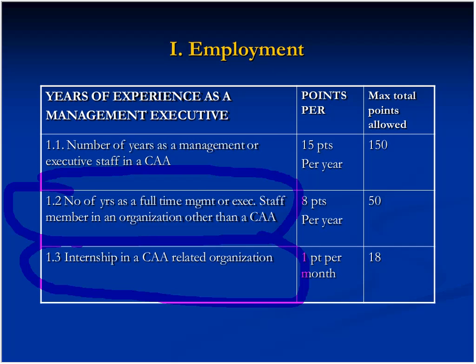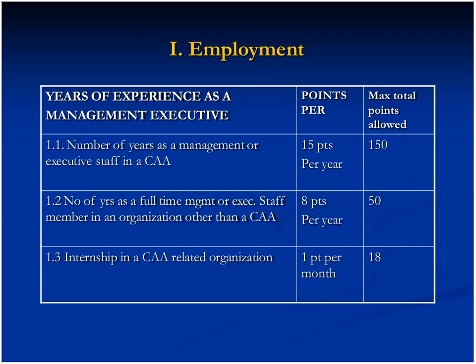Now, to point out, it's not necessarily just years of management executive staff in a Community Action Agency in number 1.1. It also can mean the number of years in a management leadership position in a state association, a regional community action association, a state CSBG office, or a sub-grantee of a community action agency.